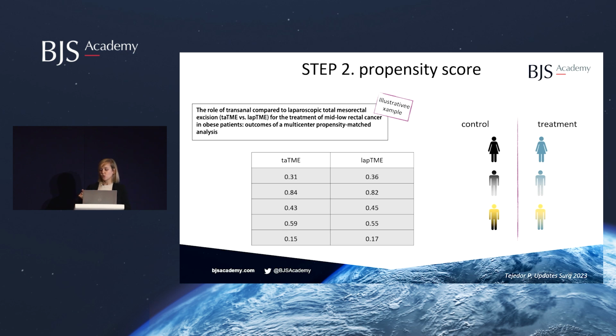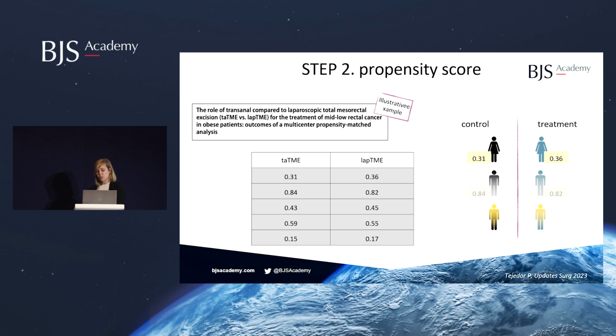The software might choose a participant from the intervention group with a propensity score of, for example, 0.31, and then identify a participant from the control group with a similar propensity score. And then the software will carry on doing this procedure until the maximum number of matched pairs is identified in our database.